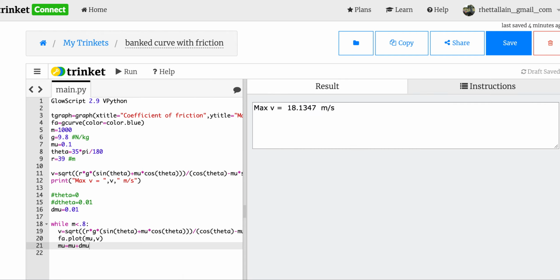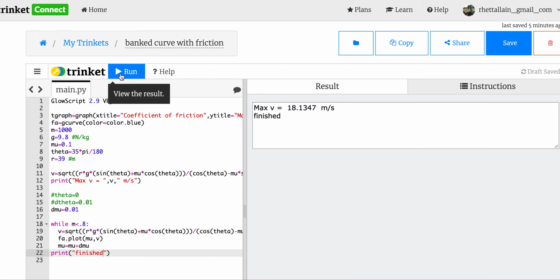I'm still not doing it. Let's see this. Let's see if it gets finished. It finished, but didn't plot anything. While mu is less than 0.8.